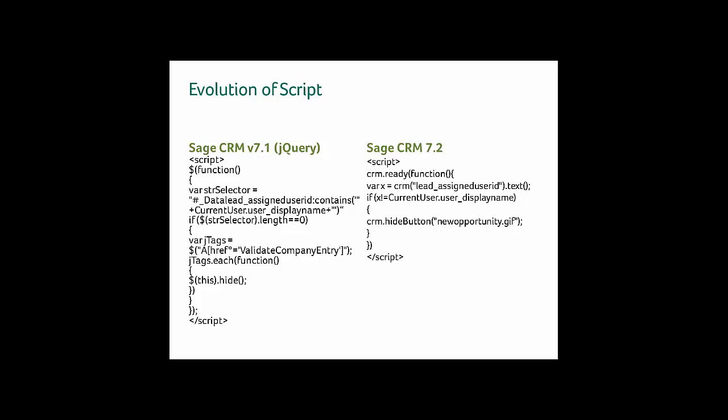If we take that information on the right hand side, we can see that we've got this crm.ready. This is a function that, a bit like the jQuery constructor there with the dollar, is where we're passing in code, and it's automatically applying the sense that this code is going to be applied when the page is loaded, but we're not mentioning any type of browser, because it's jQuery that looks after it. crm.ready is doing that for us.